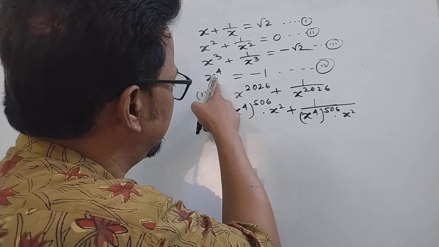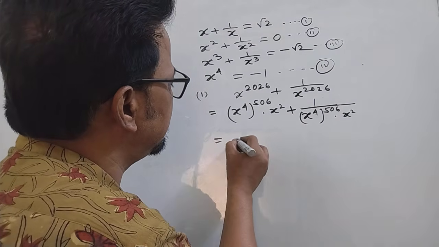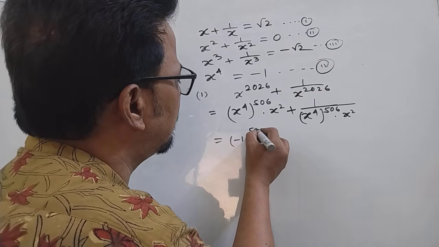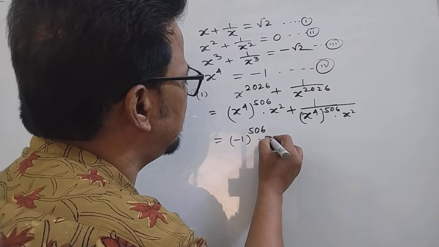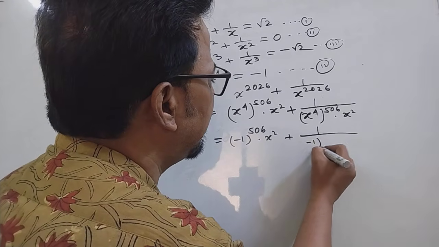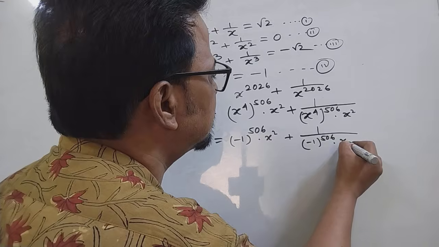Now you know the value x^4 equals minus 1. Just put this value: (minus 1)^506 into x square plus, here also, (minus 1)^506 into x square.